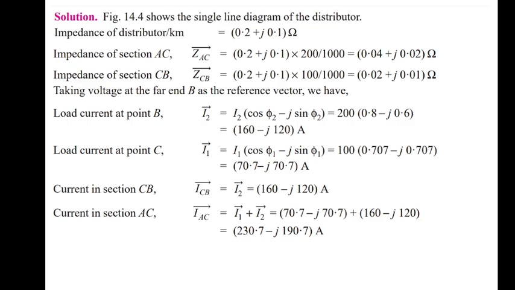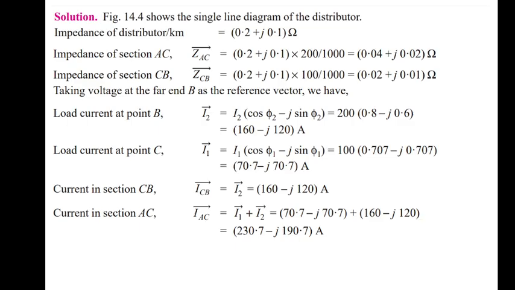In this slide, I want to begin solving the given example by calculating the impedance of each section of the distributor and expressing the load currents in complex form. The total impedance per kilometer is given as a combination of resistance and reactance, which is then scaled based on the actual length of the sections, AC and CB.